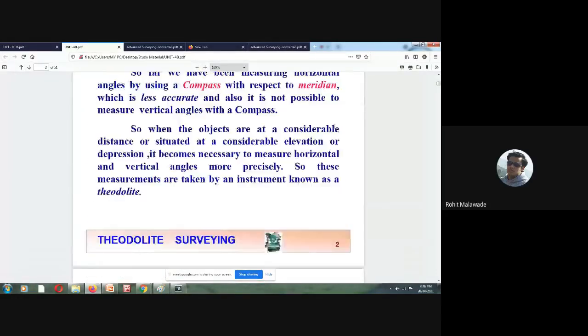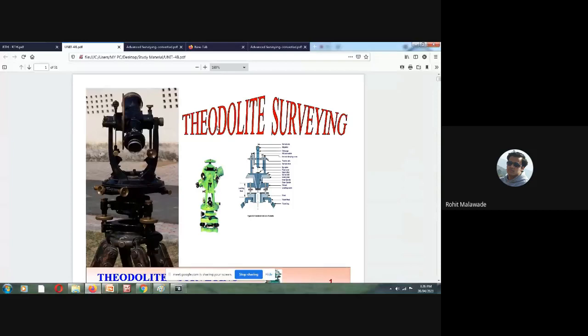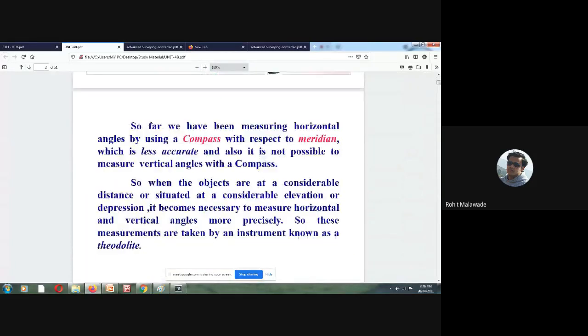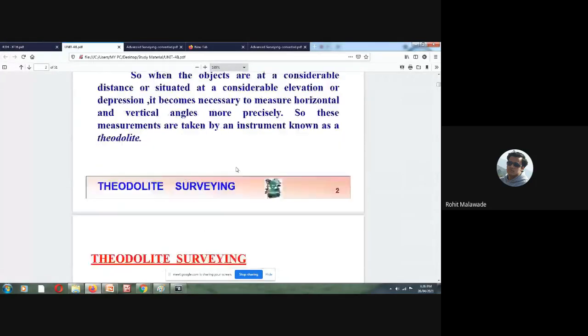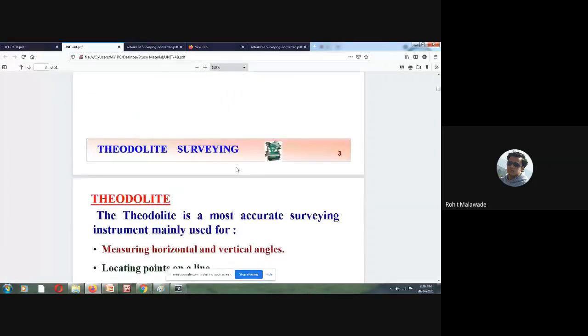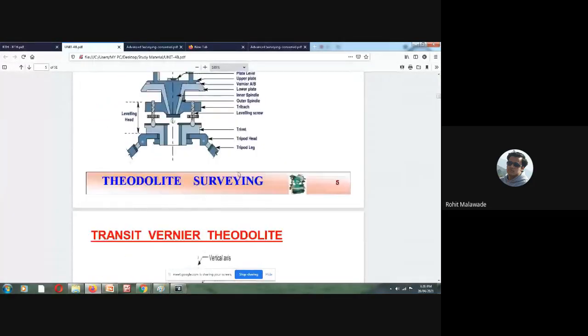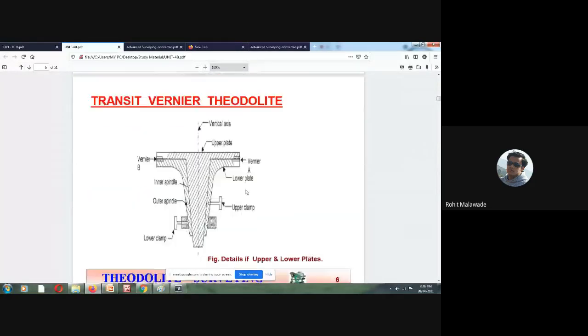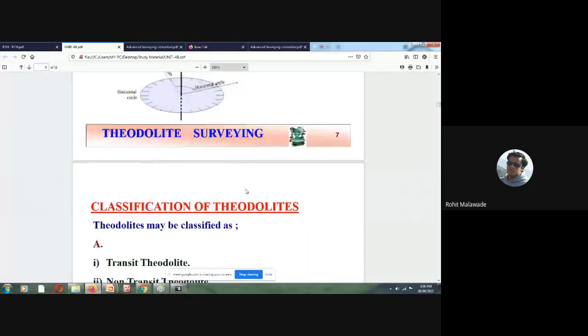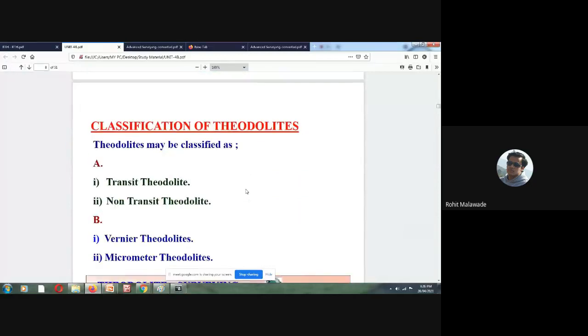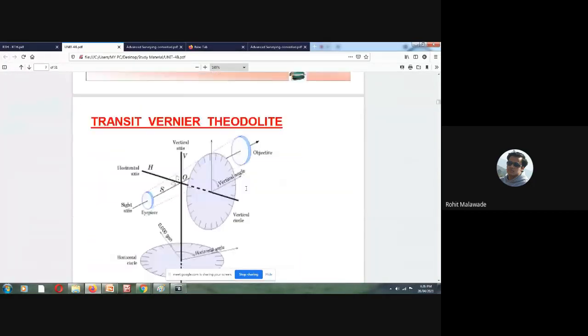As of now, we have seen what is theodolite, what is theodolite surveying, and what is the advantage of a theodolite over the normal compass. Why we are using it. Then we have seen some of the elements of the theodolite. Tomorrow we will discuss in detail the different types of theodolite.